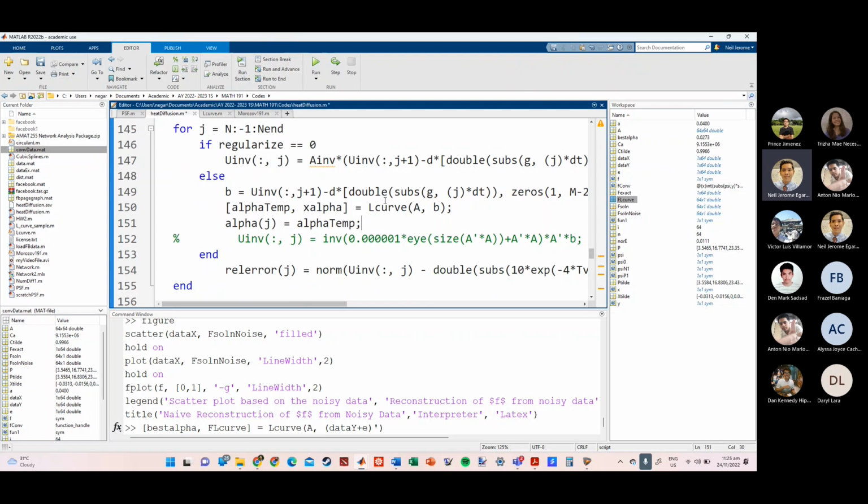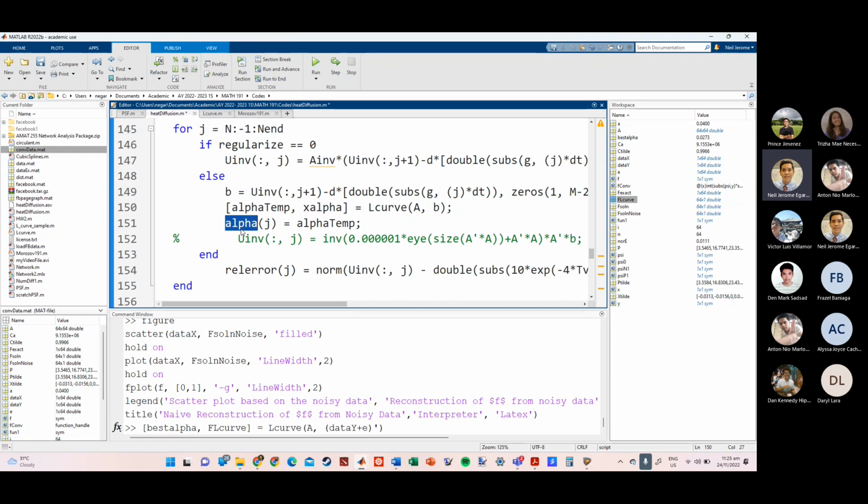So, ipapasa ko kay L-curve yung matrix A at saka yung right-hand side vector B. Tapos, pupunta ngayon si Matlab kay L-curve, i-execute niya si L-curve using the matrix A and the vector B coming from heat diffusion.m. Pag na-run niya na yon, ibabalik niya sa ating output ay alpha temp, which is basically the optimal alpha, and x alpha, the solution coming from the optimal alpha.